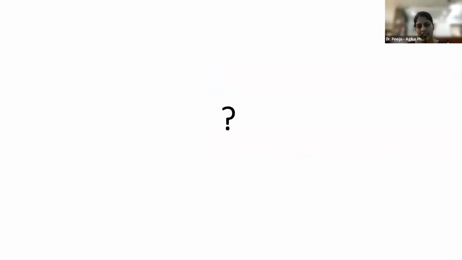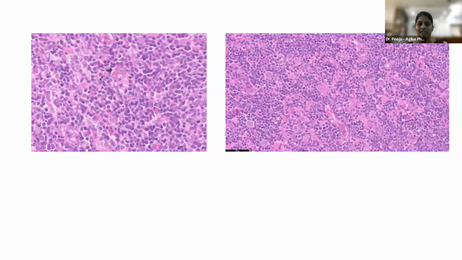So anybody for any opinions after having a look at this? Dr. Kunal, anybody put anything in the chat box? Dr. Pooja, we have classical Hodgkin's lymphoma as one of the differentials. Okay, all right.